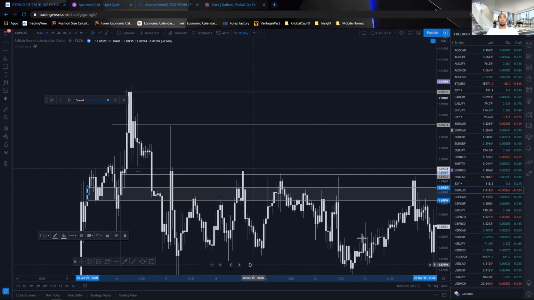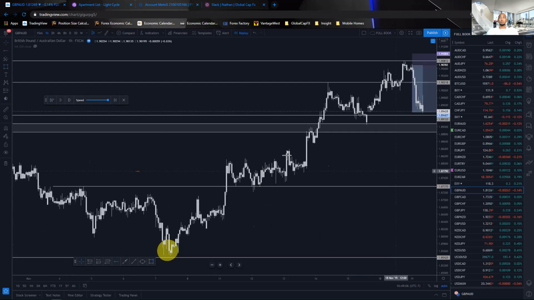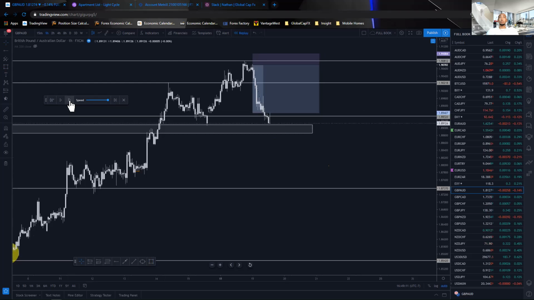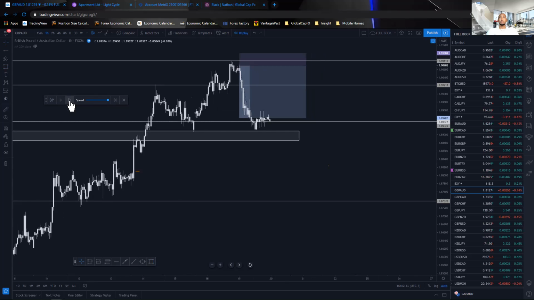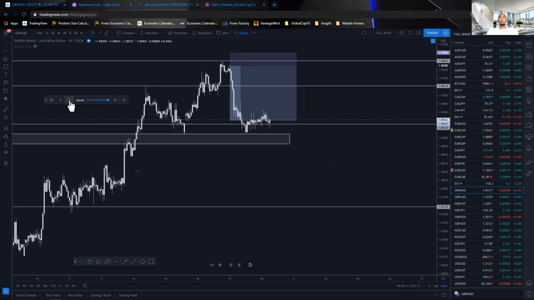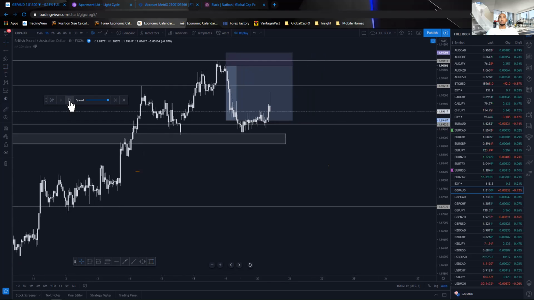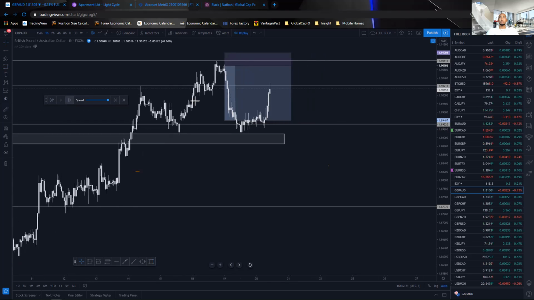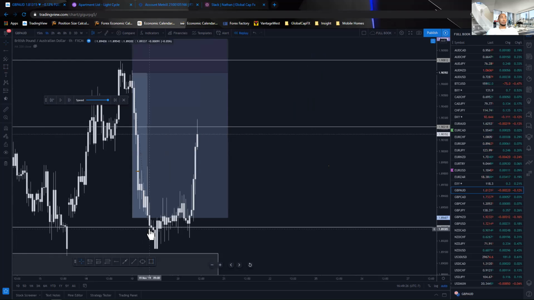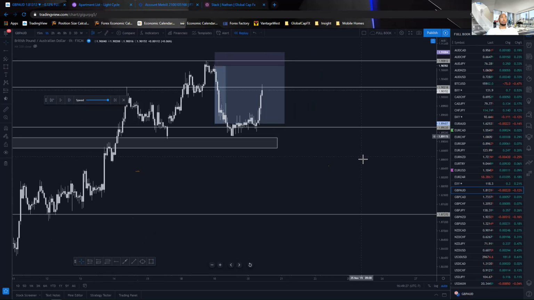Go back, see what happens. Okay, respecting that line so far. So with all that consolidation, you would have got out right there. I would have got out right there. Right, for sure.